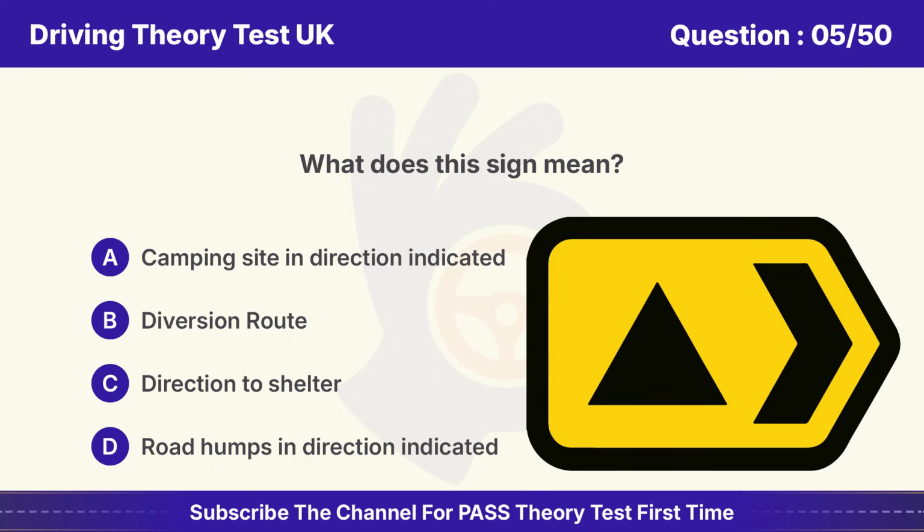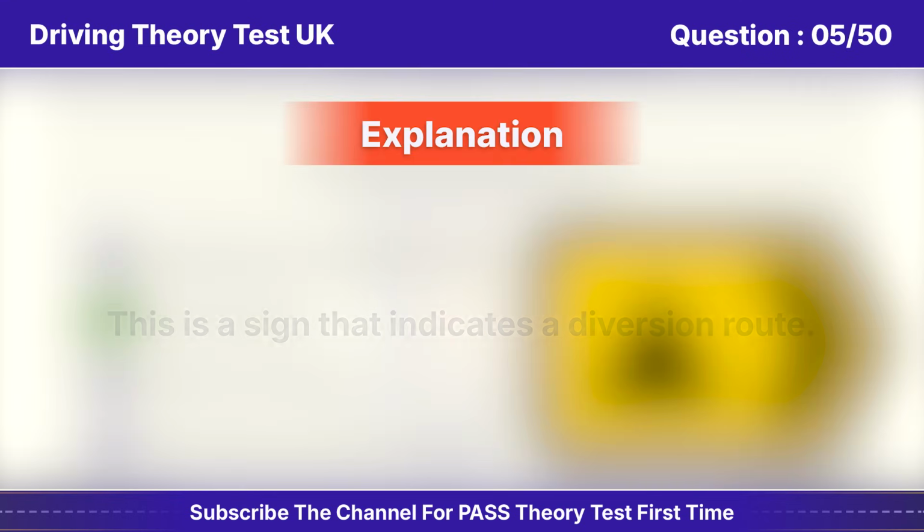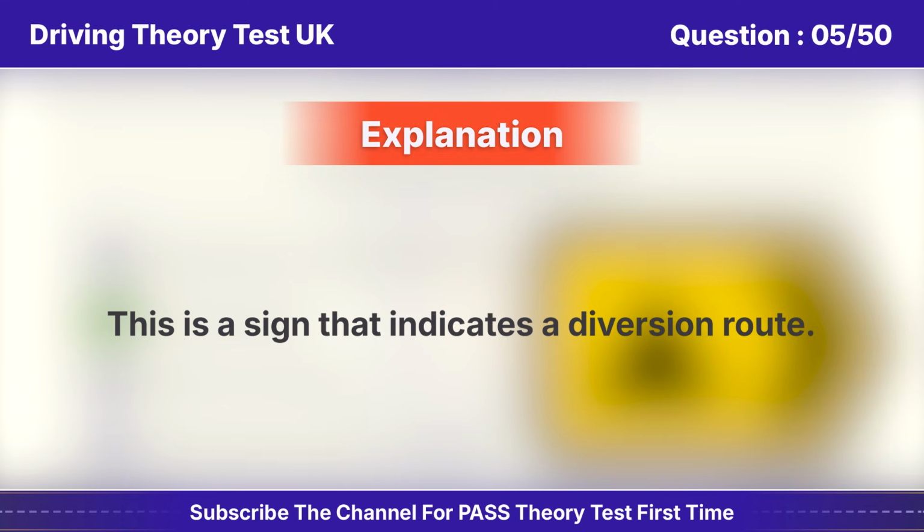Question 5. What does this sign mean? Answer is B. Diversion route. This is a sign that indicates a diversion route.